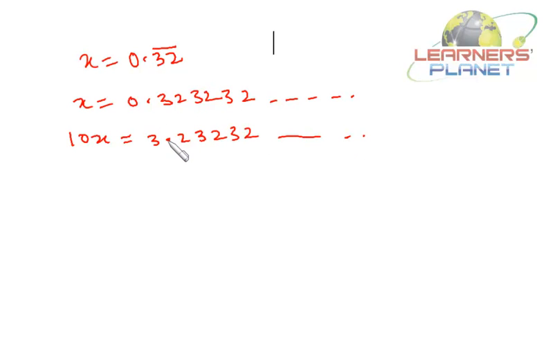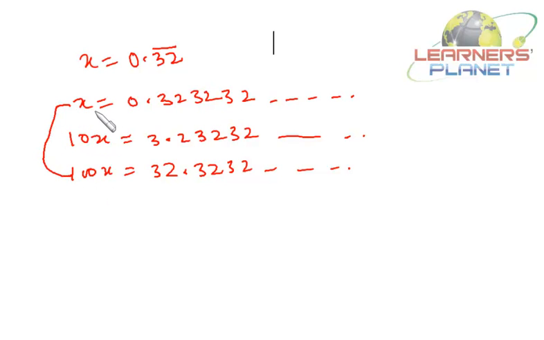Here I observe the block of numbers after the decimal is not the same in these two cases. So let me multiply 10x by 10 once more. So it's 100x is equal to 32.3232.